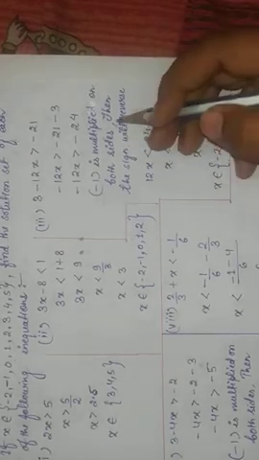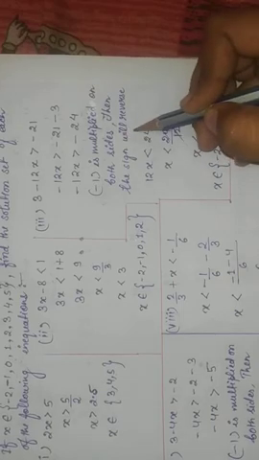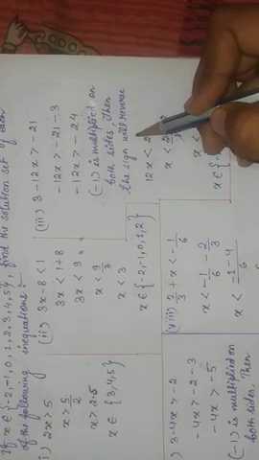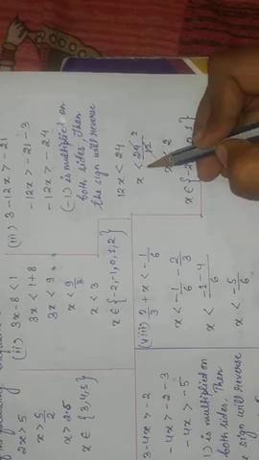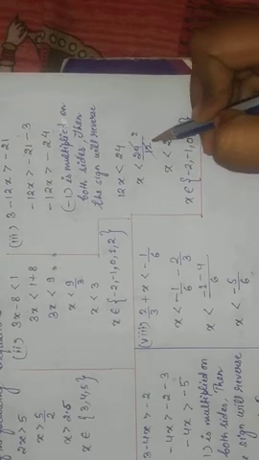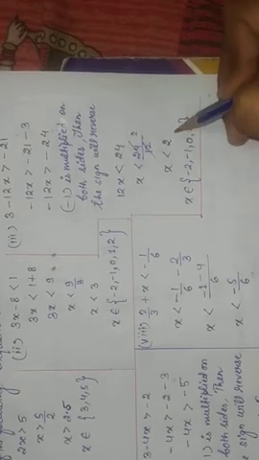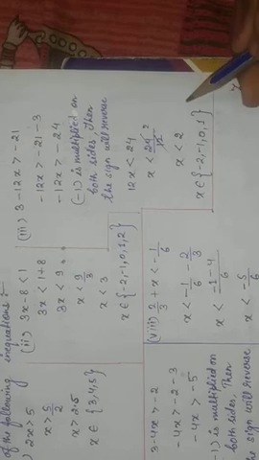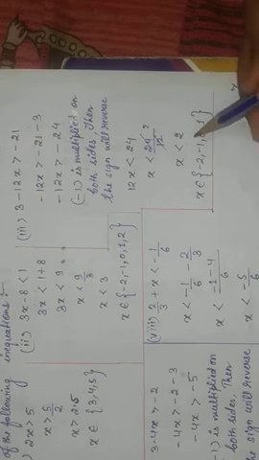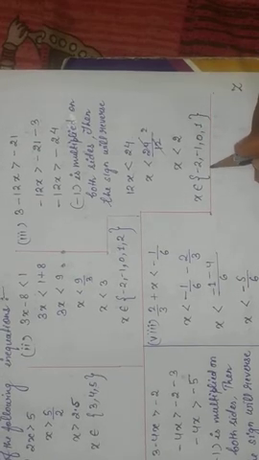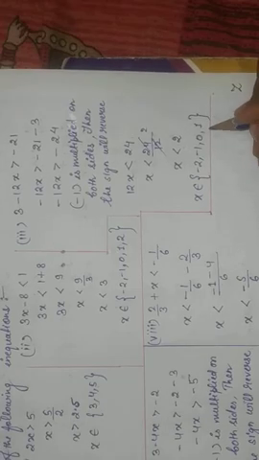This happens because these are the properties of inequalities. x < 24/12, we'll get x < 2. So which are the numbers which are less than 2? The numbers are -2, -1, 0, 1.